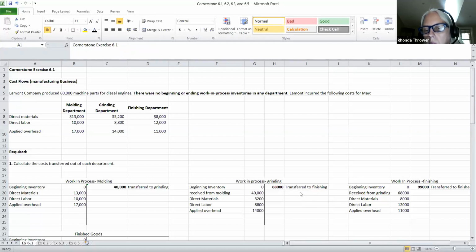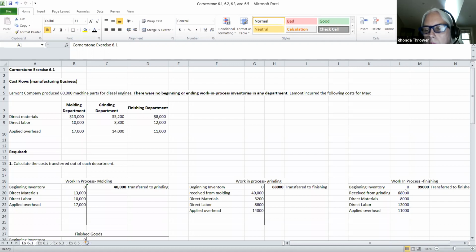So you see here, this $68,000 was received in from the grinding department in the finishing department. There was no beginning inventory. We take the costs that we have accumulated from both the molding department and the grinding department together. What we received is the cost in the finishing department, and we're going to add some materials, some labor, and some applied overhead.